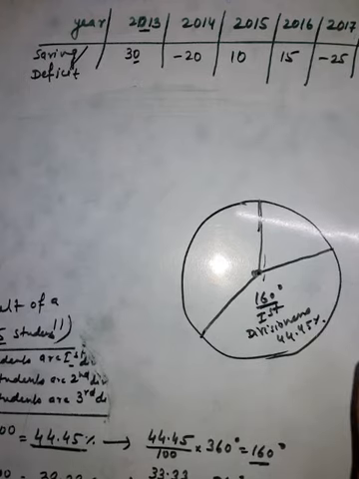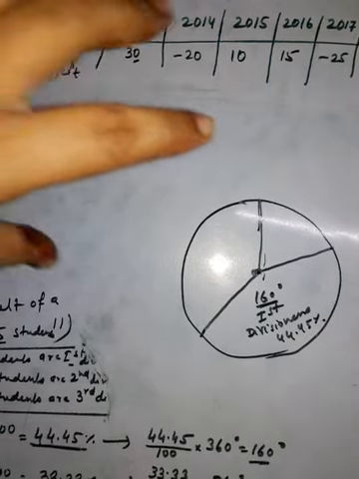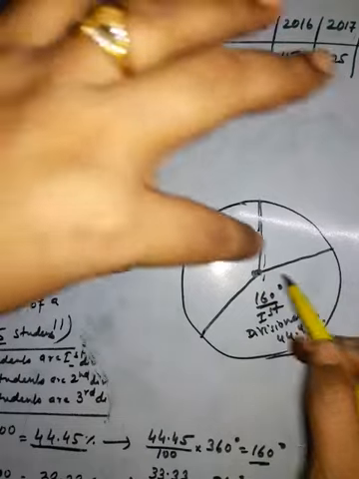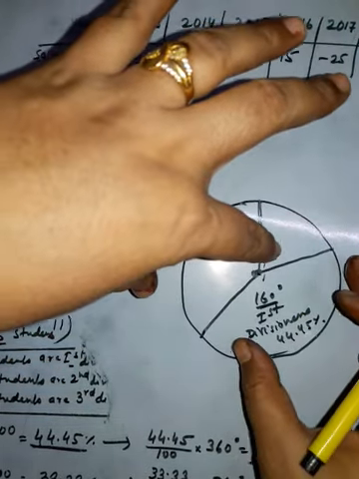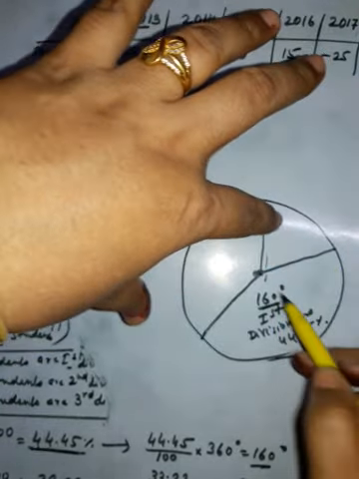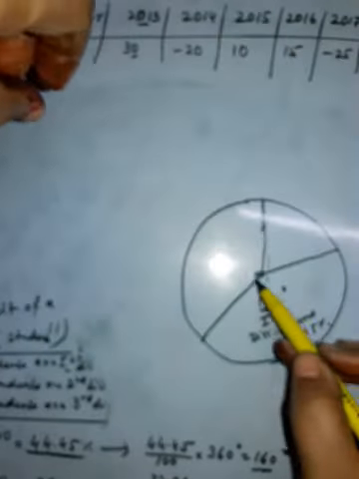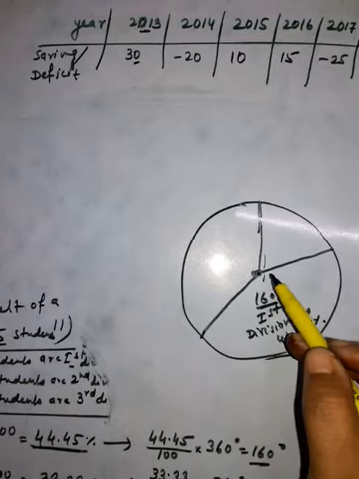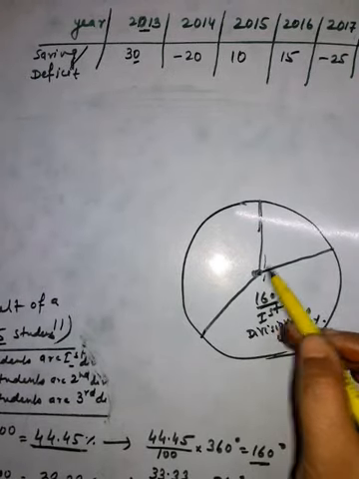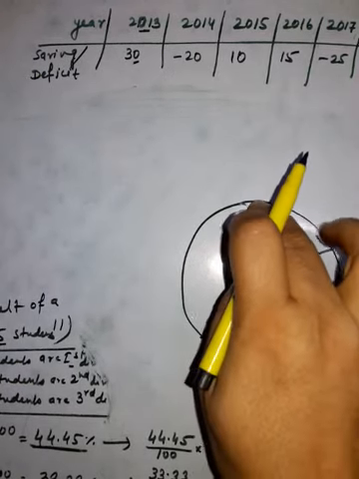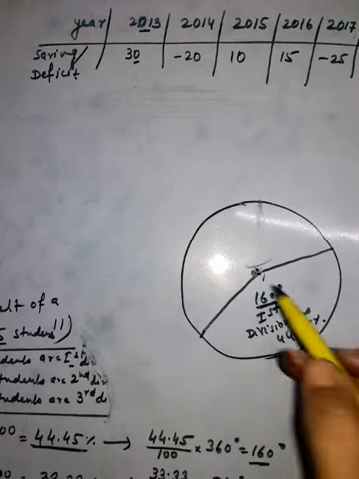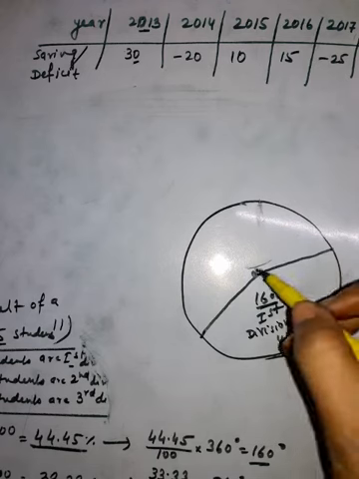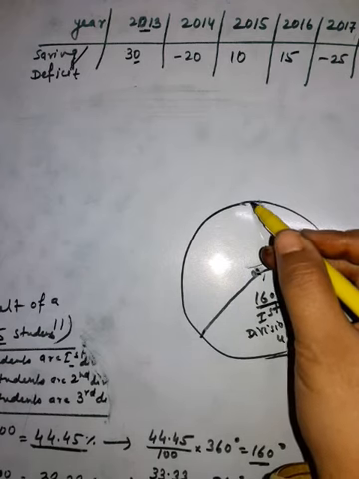How will we draw it? We put a compass over here, and see where 160 degrees comes. Then, after that line, I will mark 120 degrees. Here I will put it, and it will come like this.